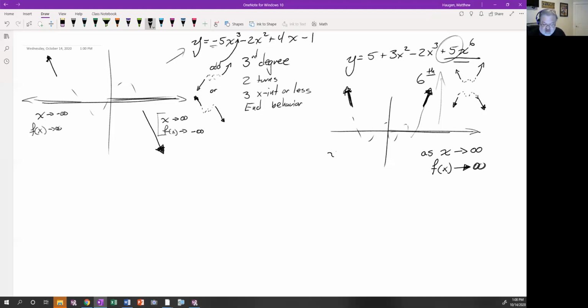Over here, the same thing's happening. As x heads towards negative infinity, the function is heading towards positive infinity. So you'll see this notation often when they start talking about end behavior.